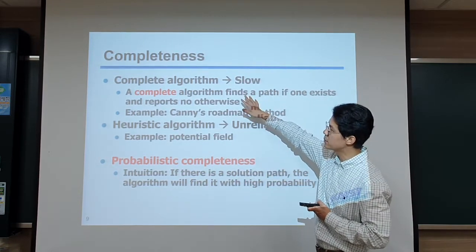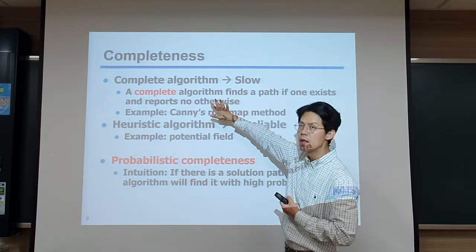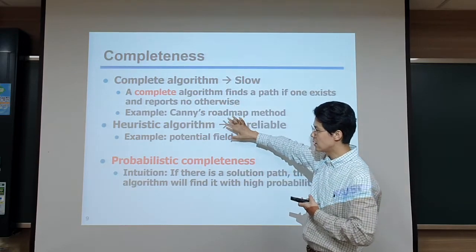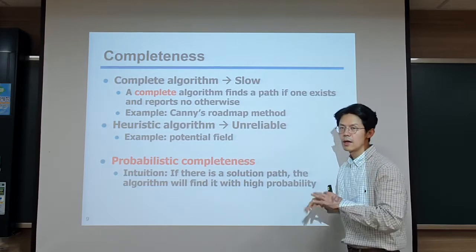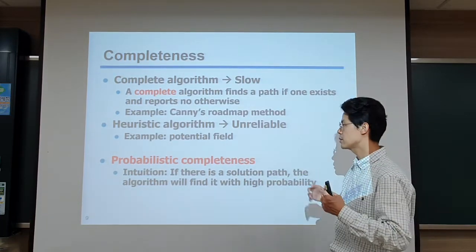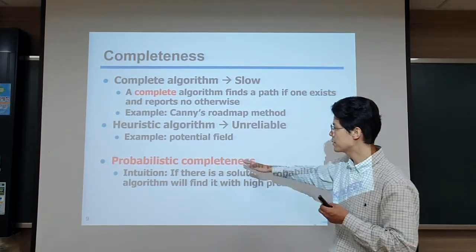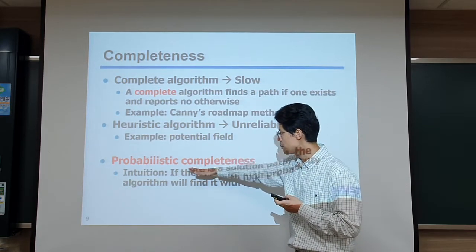So instead of having the exact completeness property, we move on to the probabilistic completeness property, and some of the recent, practically usable techniques come with this property.